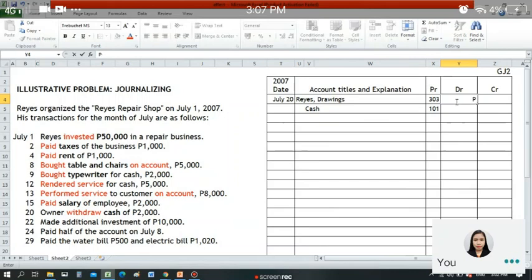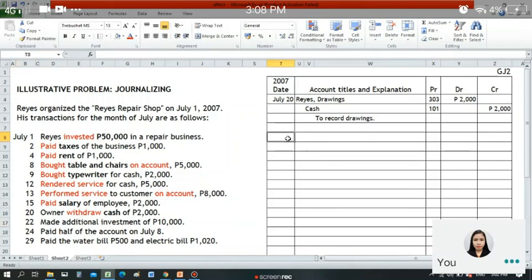Peso sign in the first amount of the debit and credit. Explanation is to record drawings. Very short, parang kanina, to record investment kay capital. Same rules. Space before the next transaction.